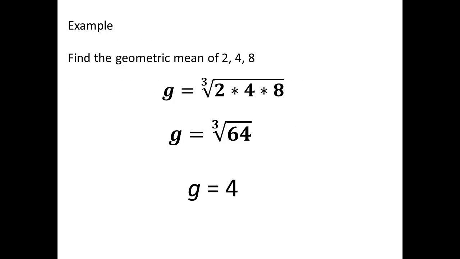We shall work through an example. We will find the geometric mean of 2, 4 and 8. G is equal to the cube root of 2 multiplied by 4 multiplied by 8. G is equal to the cube root of 64, which gives us an answer of G equal to 4.